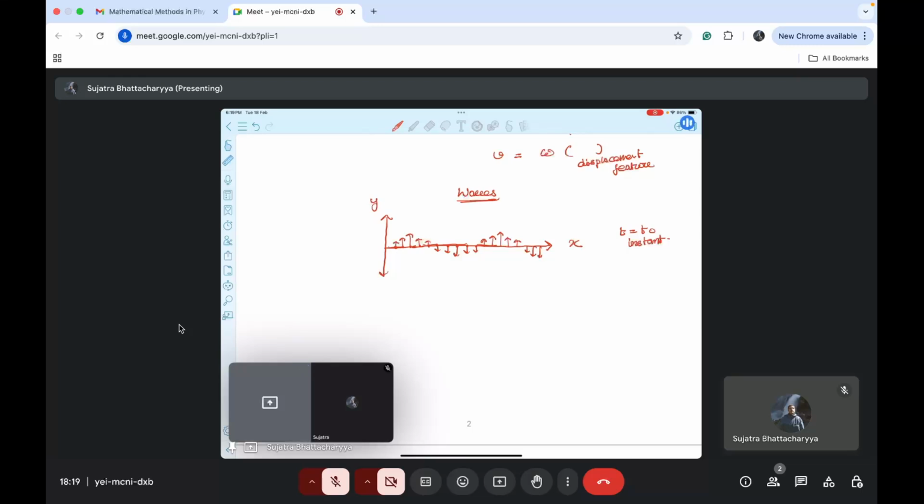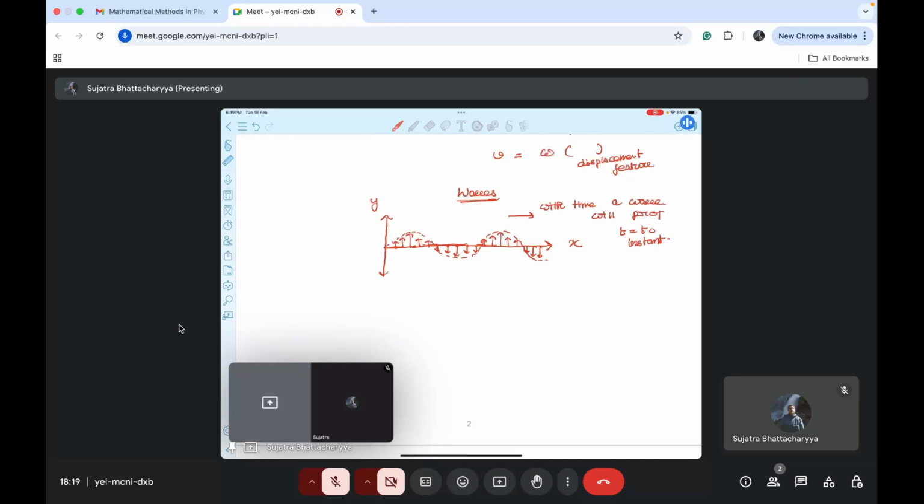So you can just put an envelope of this, and this becomes the wave, which for the time being is instantaneous, but with time you will see that this wave is propagating in the positive x direction or negative x direction, any direction. So with time, a wave will propagate.